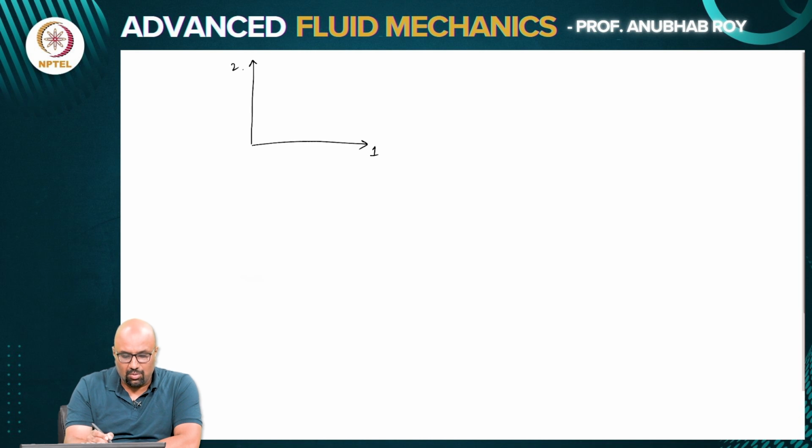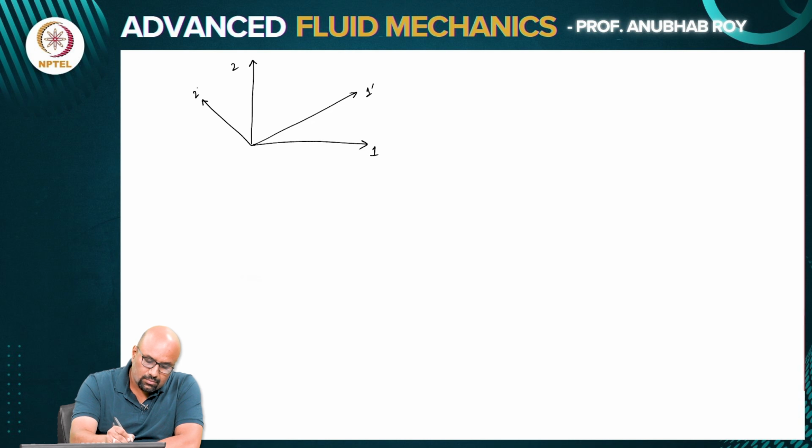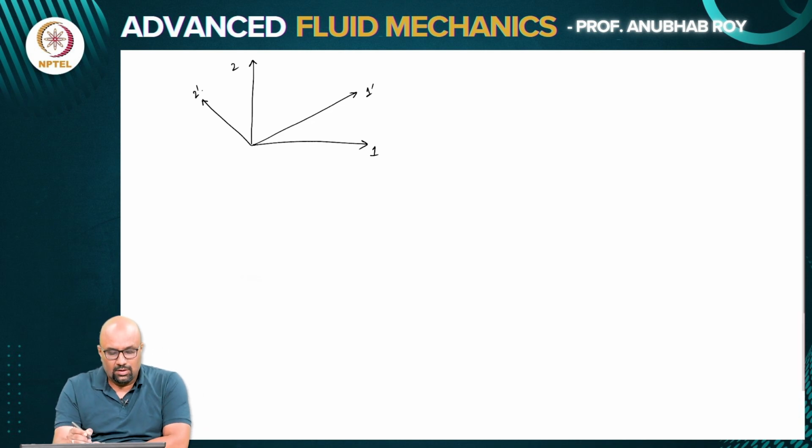So if I have a coordinate system that I have drawn, so if I have 1 and 2 as my coordinate system, then I will now say that let me rotate this coordinate system. So if I rotate this particular coordinate system by some angle.